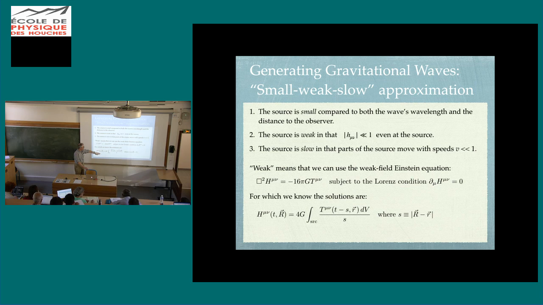We know that the solutions to the Einstein equation are just the standard solutions to any D'Alembertian with a driving term, and it's just this. And S here is the distance to the source, so I'm integrating over points in the source, and I'm just saying what's the potential created by the point source, and I'm integrating over r vectors in the source, and this is going to change as I go to different places in the source, but this is the distance from the source point to the observer, and we're a capital R away from the center of mass of the source.